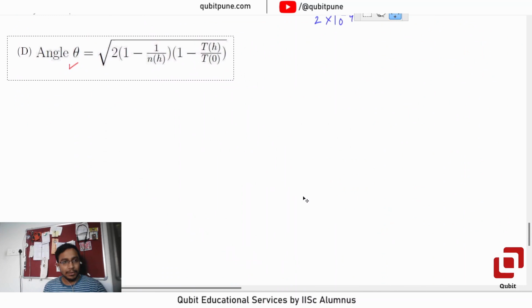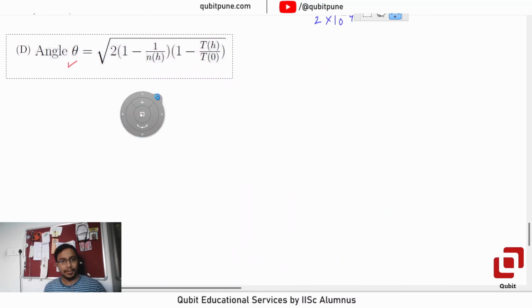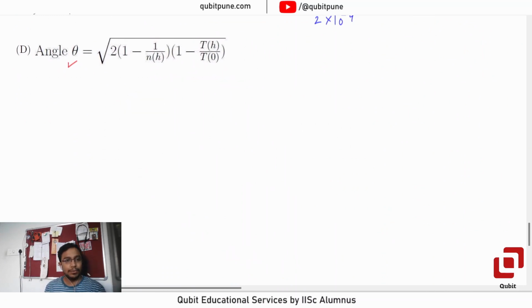Now, while starting with option D, we know the relation that we proved in B is going to be useful. So let us first write that. That relation is 2 into 1 minus n0 by nh.